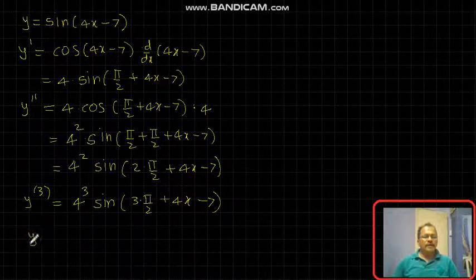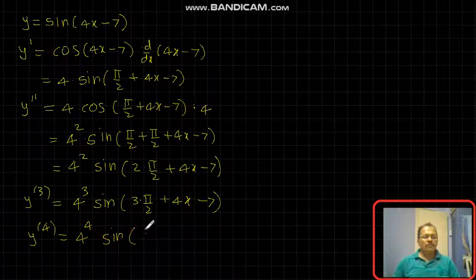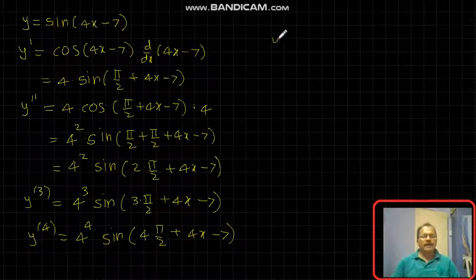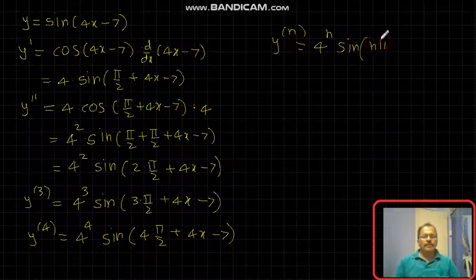The fourth derivative is 4⁴ sin(4·π/2 + 4x − 7). And the nth derivative is 4ⁿ sin(nπ/2 + 4x − 7).